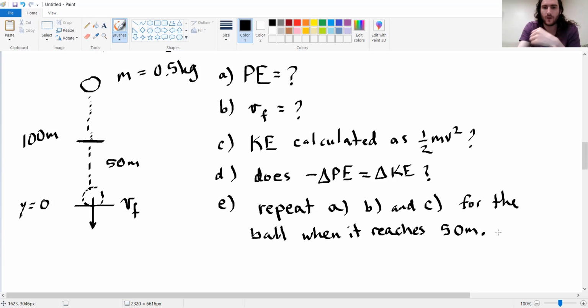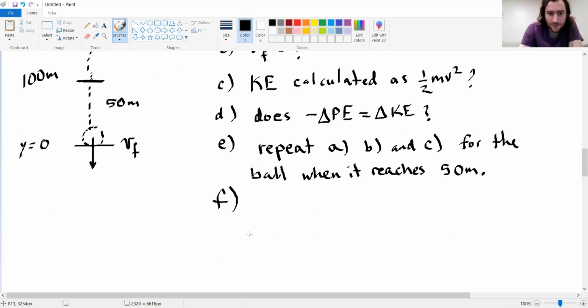Okay. So you'll calculate the potential energy again. You'll calculate its velocity when it's only fallen 50 meters. And you'll calculate its kinetic energy as 1/2 mv squared. And then again, you'll check if minus delta PE equals delta KE. And then finally, this is a big example, huh?